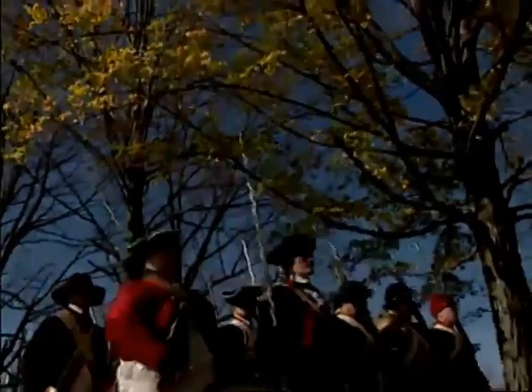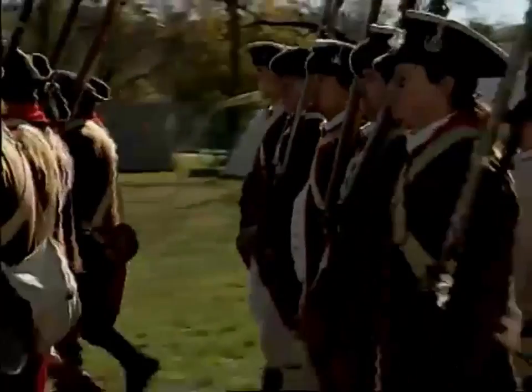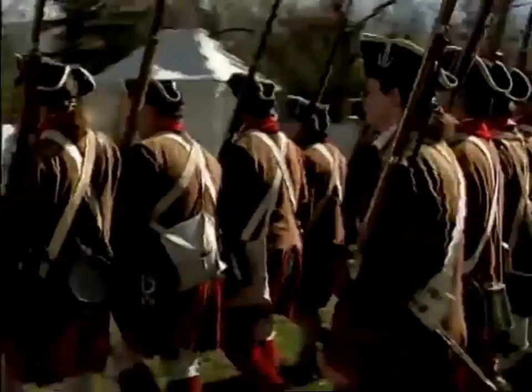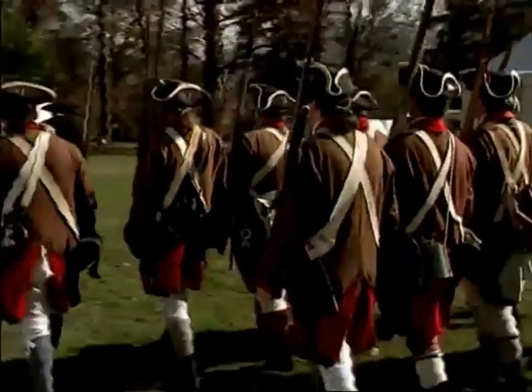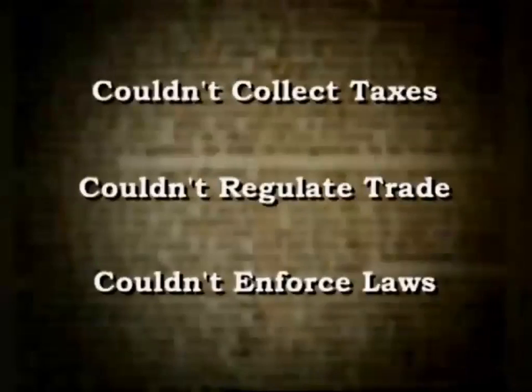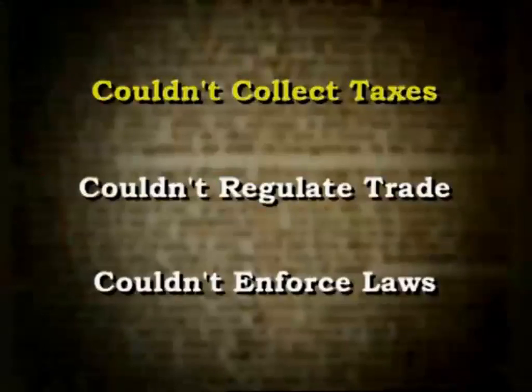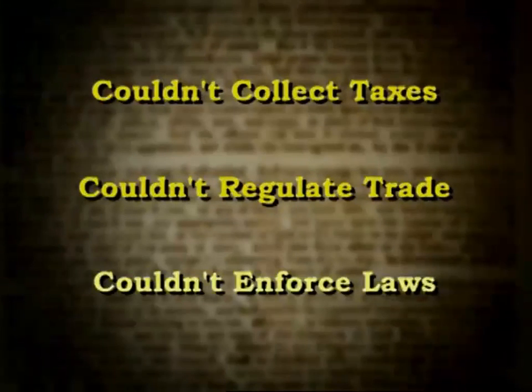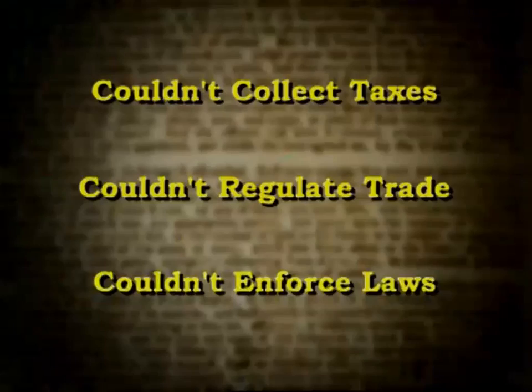The Articles were intended to create a weak national government designed to deal only with an immediate crisis. But following the conclusion of the War of Independence and the emergence of new priorities, its many inadequacies became obvious. The government under the Articles couldn't collect taxes or regulate trade. It couldn't even force the states to comply with the laws it passed.